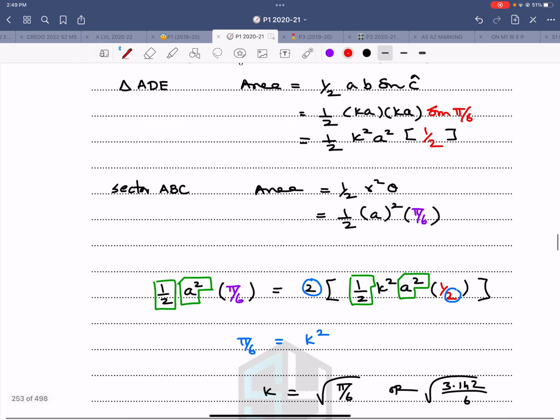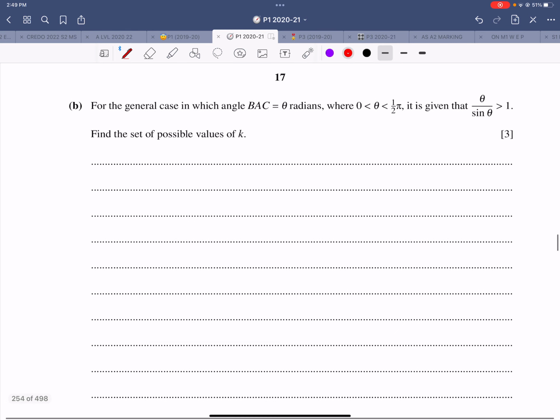Now, let's focus on the next part. For the general case in which the angle is theta and theta lies between such and such, it is given that theta over sine theta is greater than 1. Now, you won't understand the logic why they have given this.